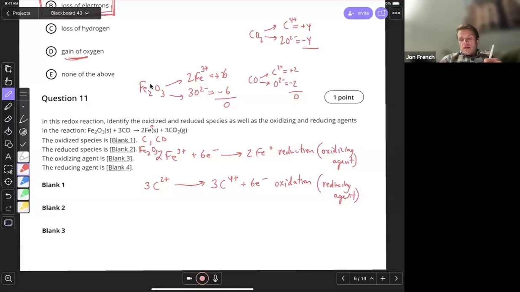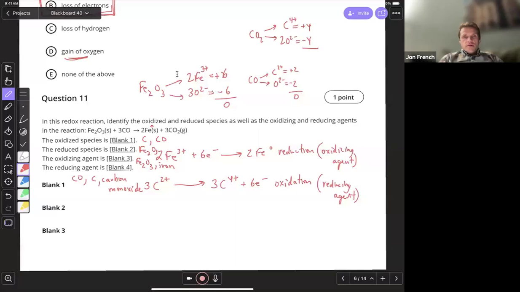Oxidizing agent, we could do the same thing. We could say Fe2O3, or if you wanted to say iron, all of those should work as possible answers. And then the reducing agent was carbon monoxide. All of those should work. You only need one answer, so don't put in all of them.